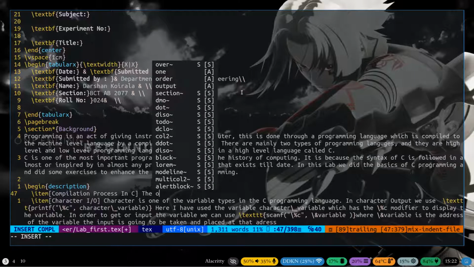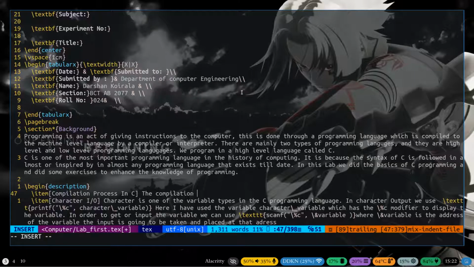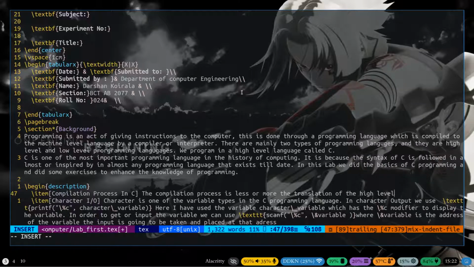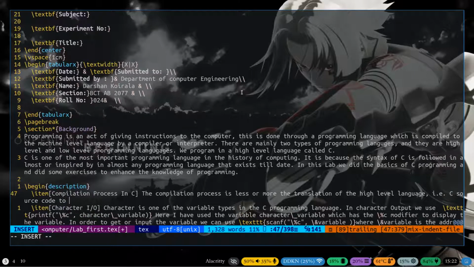The compilation process is more or less the translation of the high level language, that is C source code, to machine code.